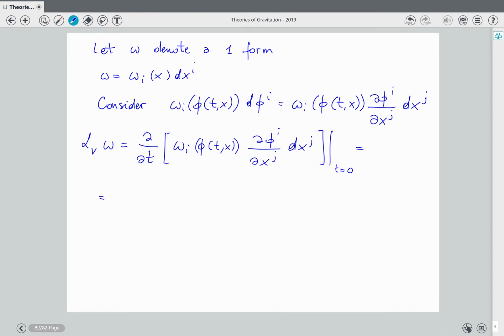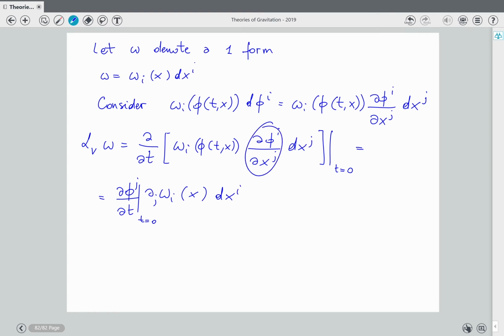And what is it? So again, you have to differentiate here. Here you will have omega I. We jump already directly to t equals 0. The partial j, and then you will have partial phi j partial t at t equals 0, which is a j, times this object, which becomes just the differential.